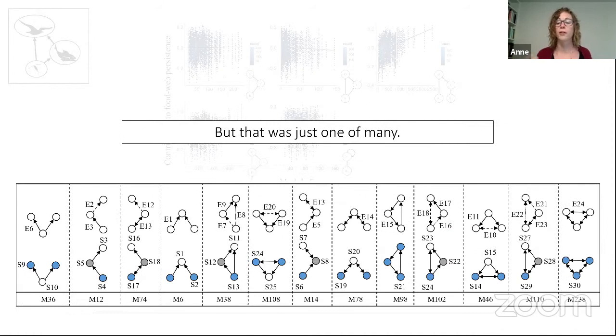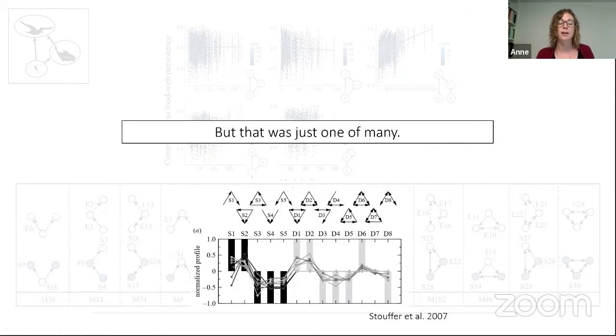But that was just one of these many structures that have been shown to be repeated in these food webs. And so that was just this one, which is conveniently called M38. So that's the omnivory module here. But we actually have 13 of these 3 species motifs. And literature has shown that these motifs are over or underexpressed in food webs with predictable patterns.